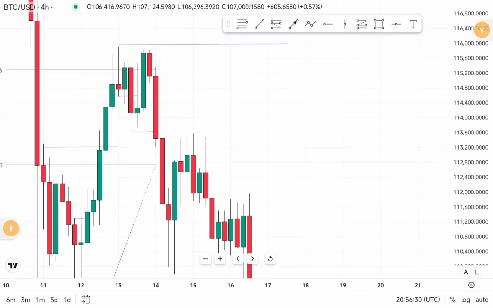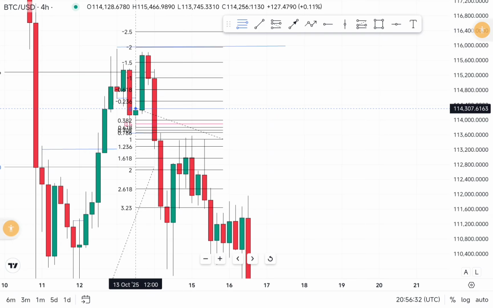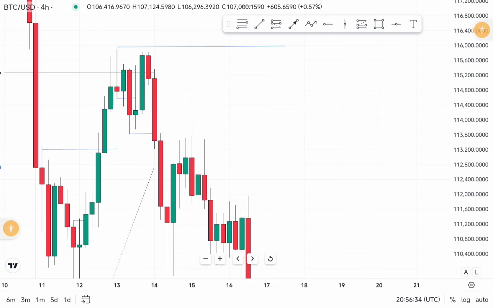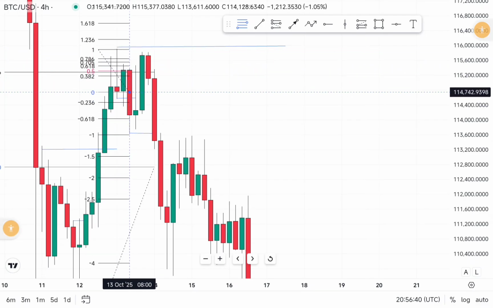This signifies a change of character. So we are anticipating a downward movement.